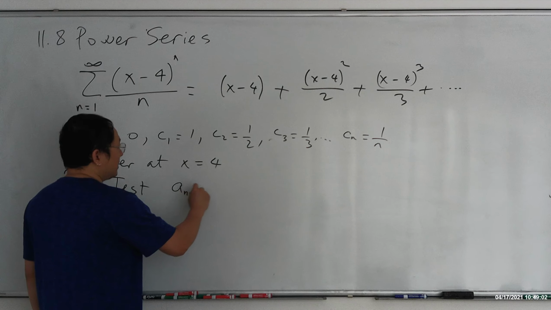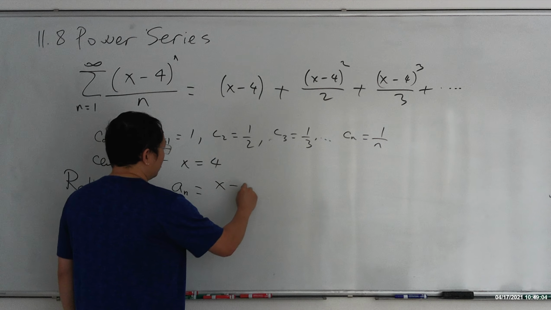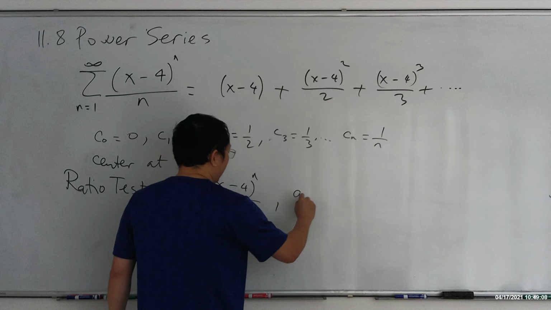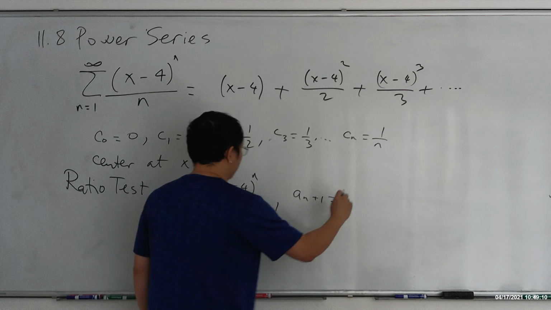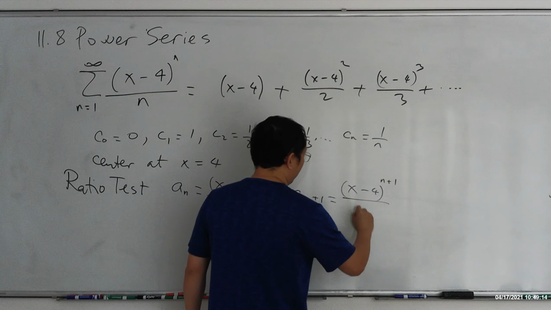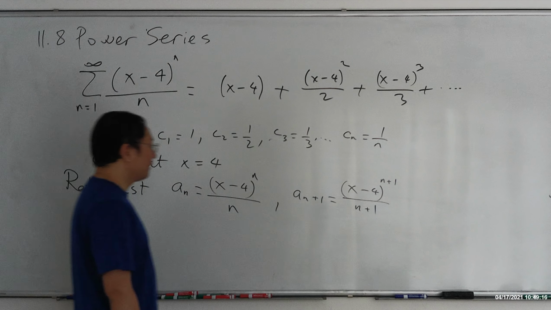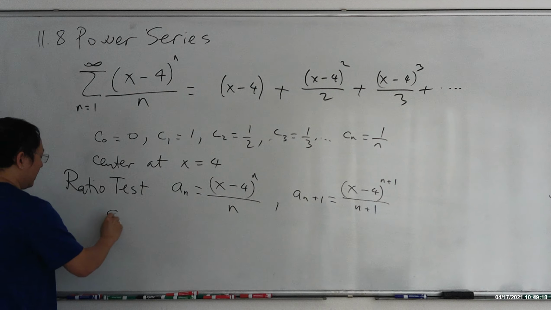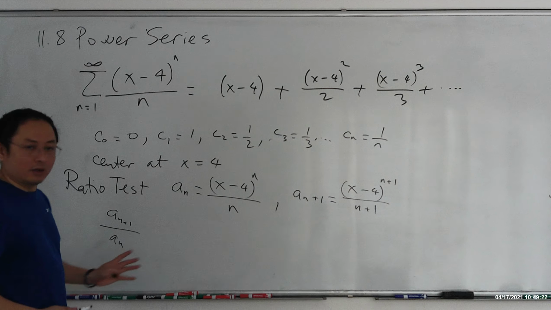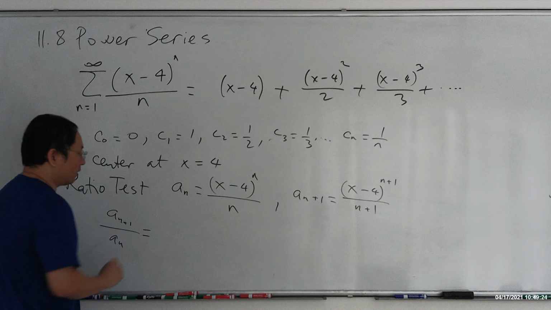So an is equal to (x minus 4) to the n over n, and an plus 1 is equal to (x minus 4) to the n plus 1 over n plus 1. Now I'm going to get an plus 1 divided by an, then take the absolute value and the limit as n goes to infinity.